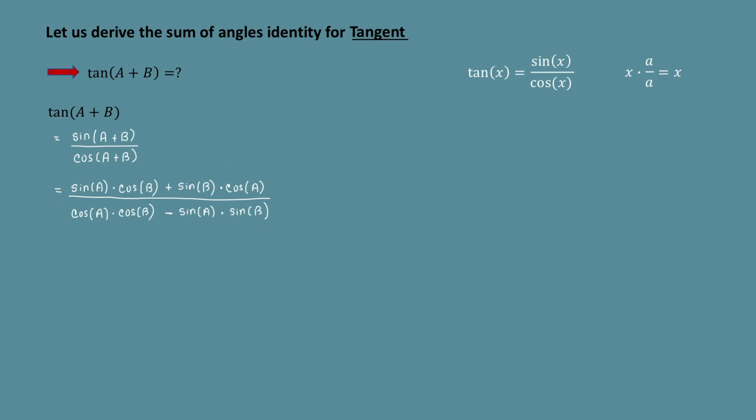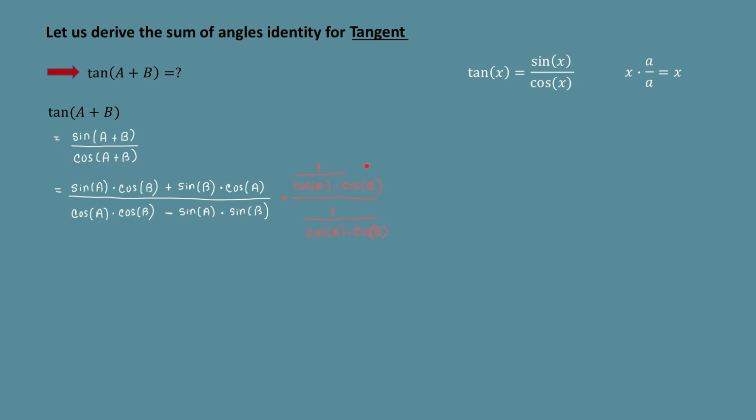Look at this. I'm going to now multiply the top and the bottom by 1 over cosine A times cosine B. And the same thing over here, 1 over cosine A times cosine B right here.